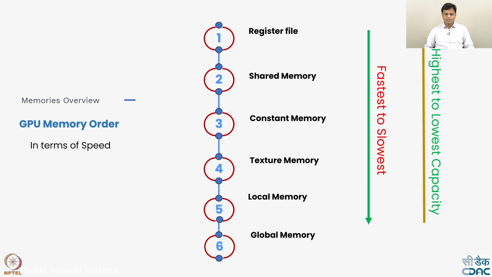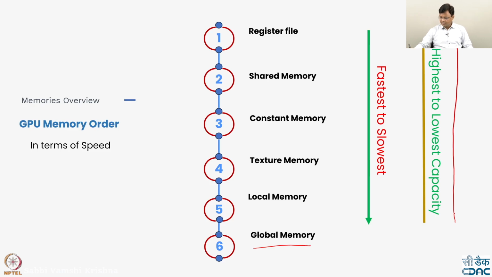Now, let us see the order of the memory. They are organized in the NVIDIA GPU in terms of speed and capacity. If you see this particular direction line, the data storage capacity of global memory is very high compared to the register.